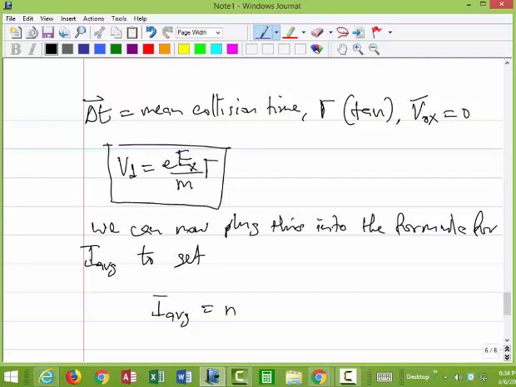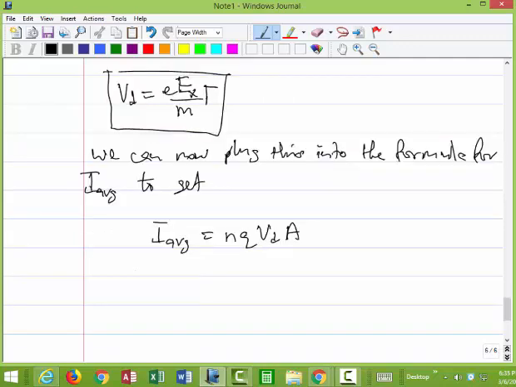It was the number density, the charge, the drift velocity times the area. So we're now going to replace v_d with the term that we have up there. So I average is going to be n q A, and then the drift velocity is E_x over m times tau. Okay, so this gives us our current flowing through the wire or through the conductor.